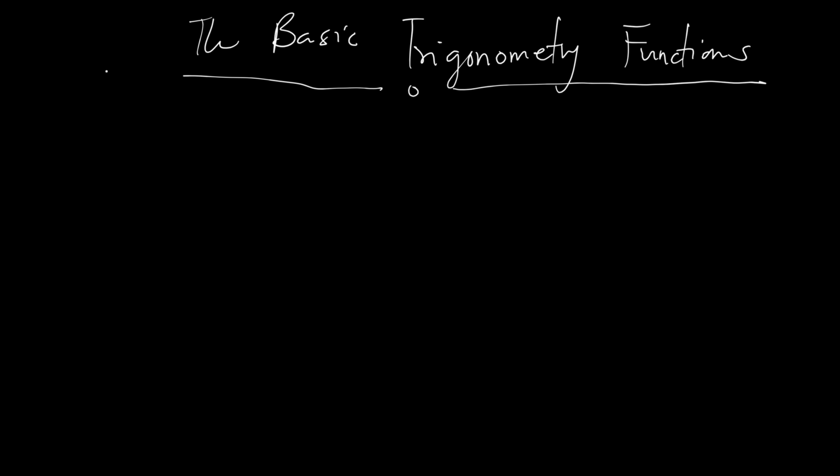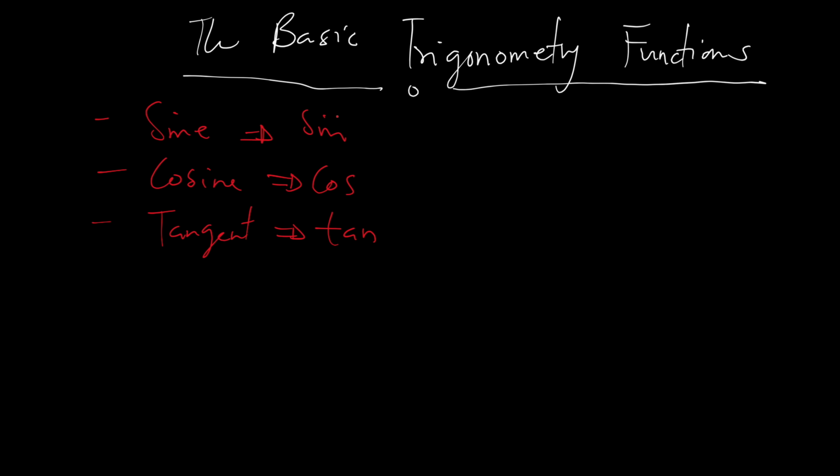So there are three basic trigonometry functions, which are sine, cosine, and tangent. Sine in short is sin, cosine is cos, and then tangent is tan. Now these basic trigonometry functions deal with angles, so they work with angles.